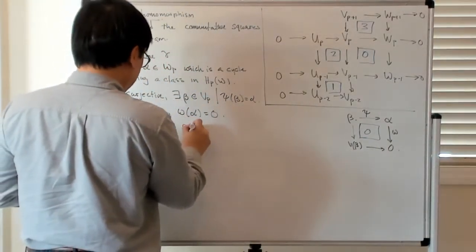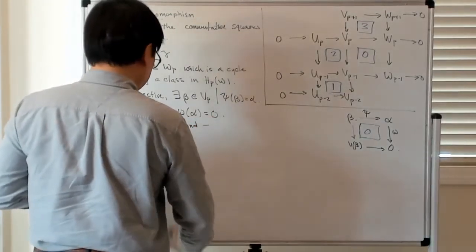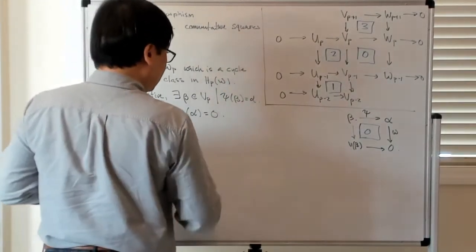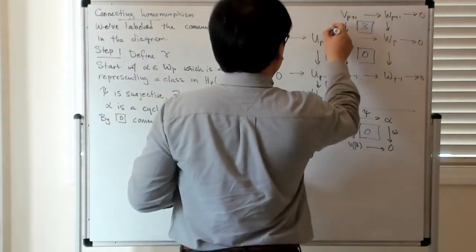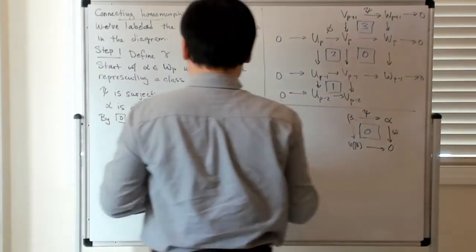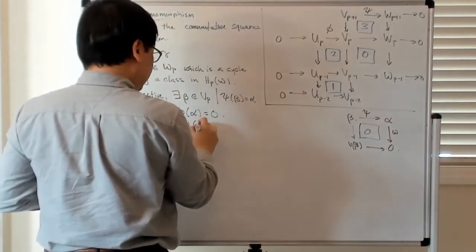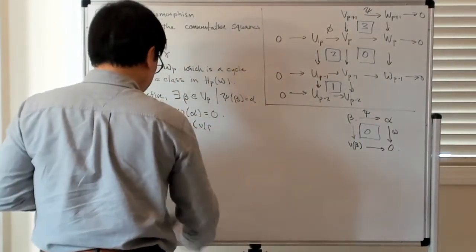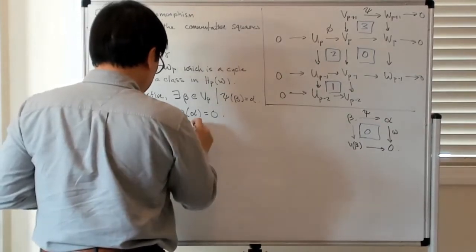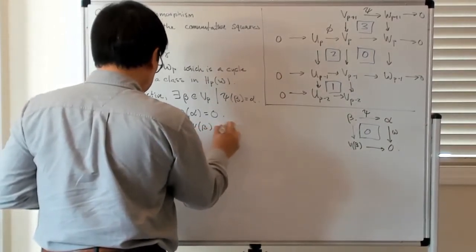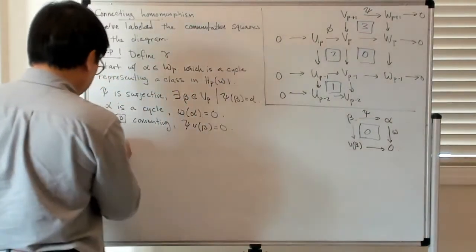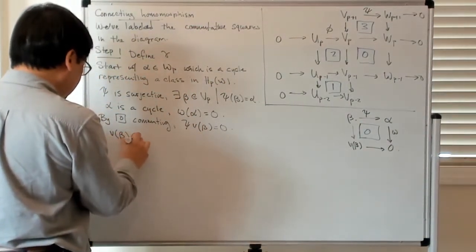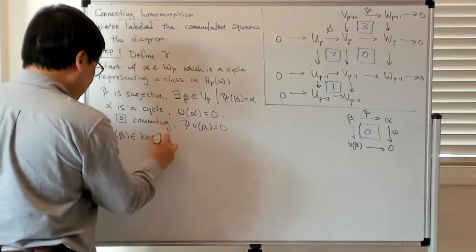So by this commuting, these are the phi's and these are the psi's, right? Psi of V beta is equal to 0. So that means that V of beta is in the kernel of psi.